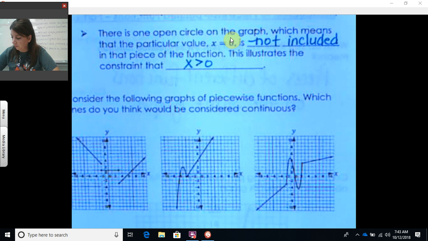What do you think? The middle. Anybody have any other guesses? The middle and the last, or just the middle? Just the middle? Okay, do we think the first one's continuous? No, you are correct. The first one is not continuous.